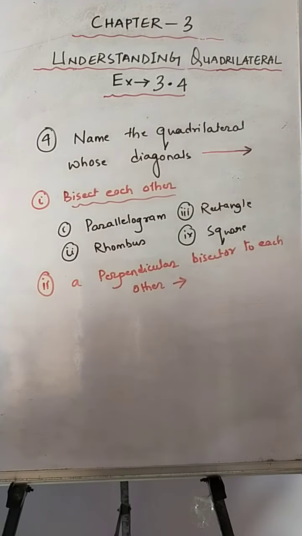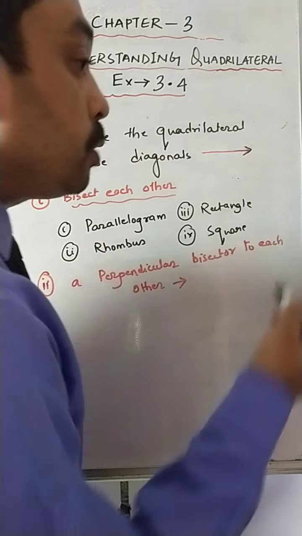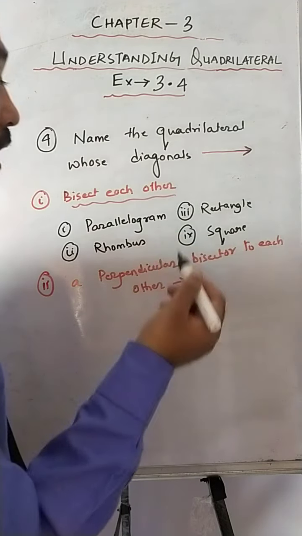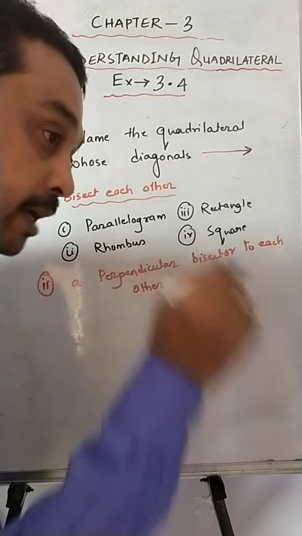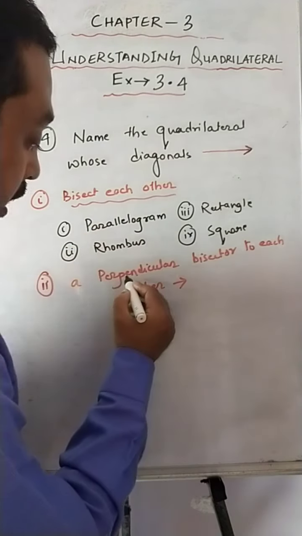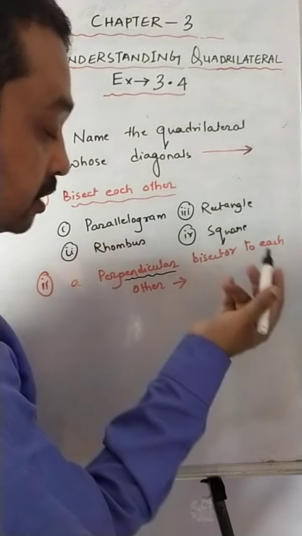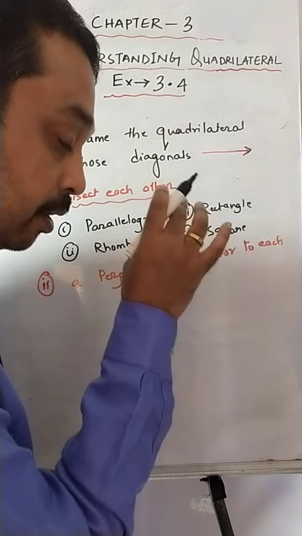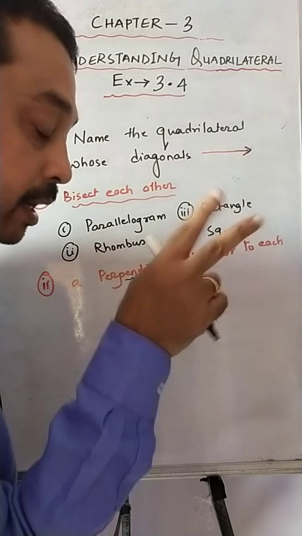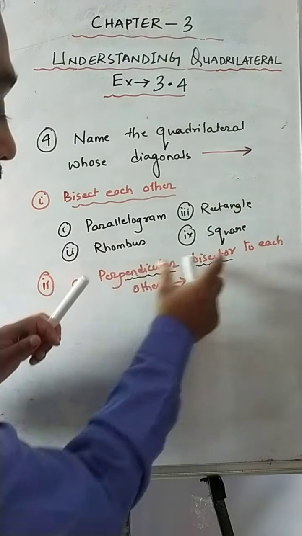You have to understand this question very properly. Now you have to name those quadrilaterals in which the diagonals are bisecting and also making 90 degrees. Since they are making 90 degrees, we say perpendicular, and because they are dividing themselves into two equal halves, we use the word bisector. So both things need to happen.